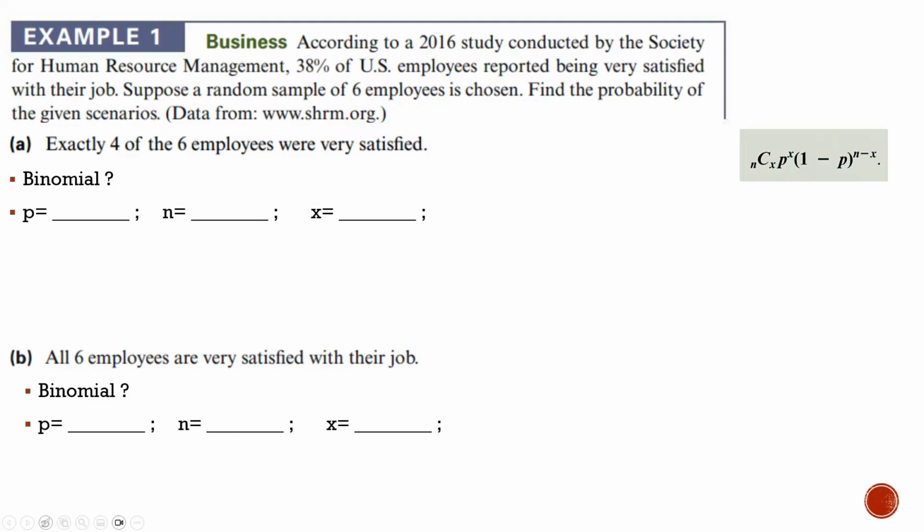Now, technically speaking, I'm choosing 6. If I choose Regina right now, she can't be chosen again. So if she's very satisfied, now the probability is slightly less than 38%. But this is what I was saying: if you are choosing less than 5% of your sample, we can assume that even though you've picked somebody out, it doesn't change things enough.